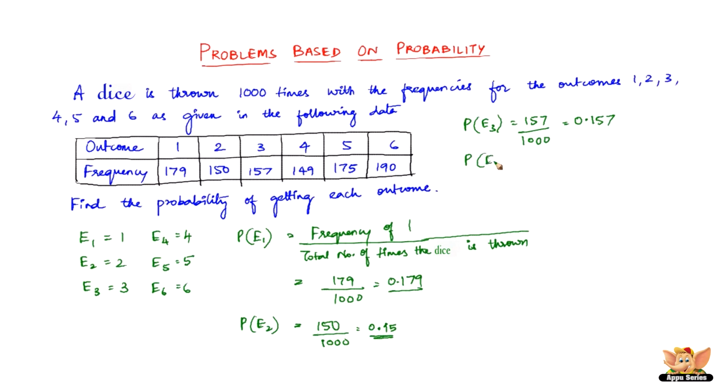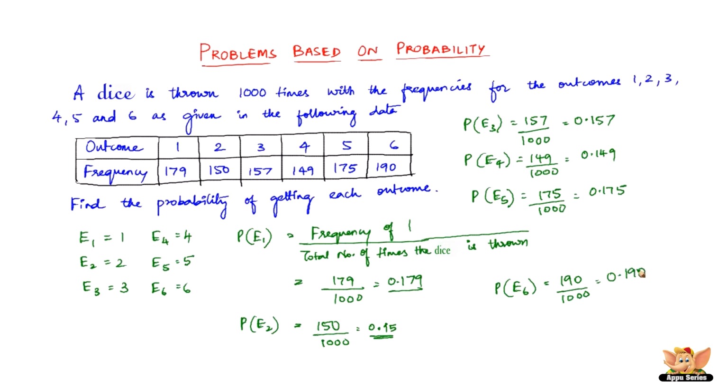The probability of event 4 is 149 by 1,000, which is 0.149. And the probability of event 5 is 175 by 1,000, which is 0.175. And the probability of event 6, that is the probability of the outcome of the number 6 on the die, is 190 by 1,000, which is equal to 0.190, which is the maximum, so which is the most.